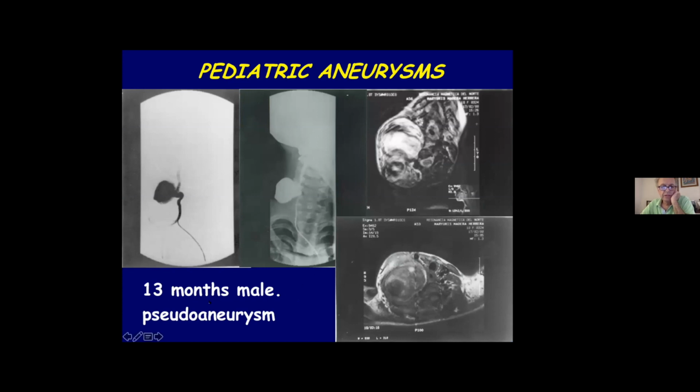Other patient, 3 months, mild pseudoaneurysm of the vertebral, right vertebral. This is MR, axial view. Probably it is secondary, a dissecting aneurysm by puncture.